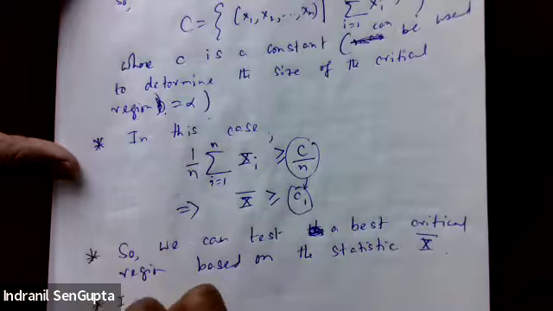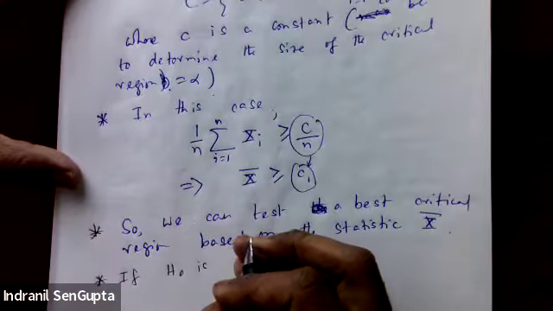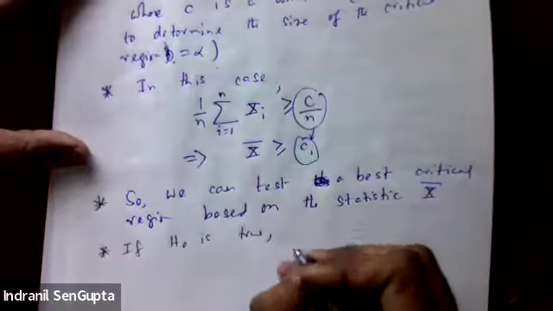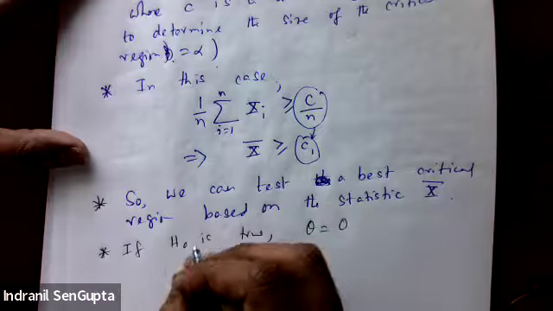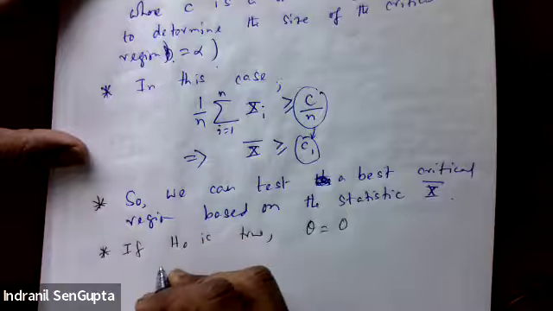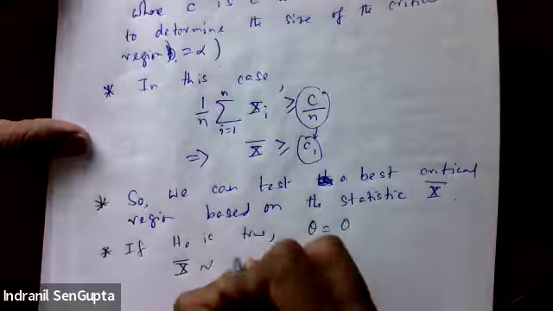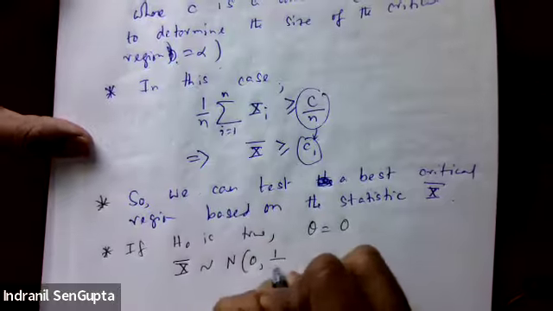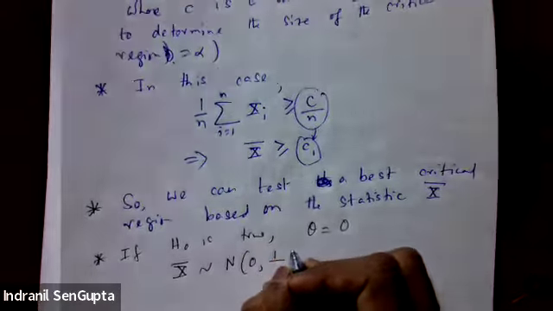If H0 happens to be true, that is theta equals 0, then X bar satisfies a normal distribution with mean 0 and variance sigma squared over n. In this case, we look at the structure for all the x's.